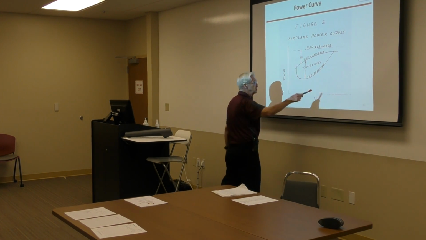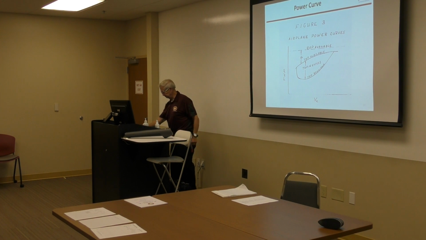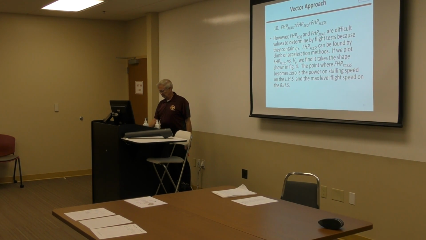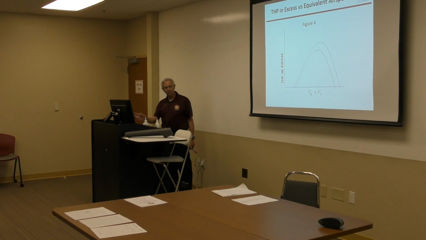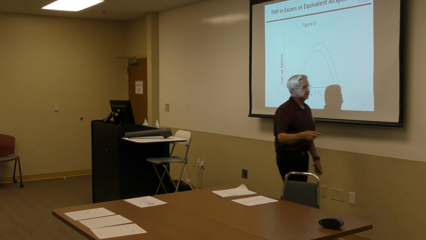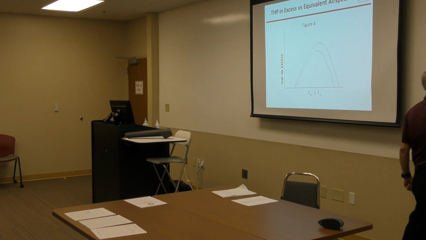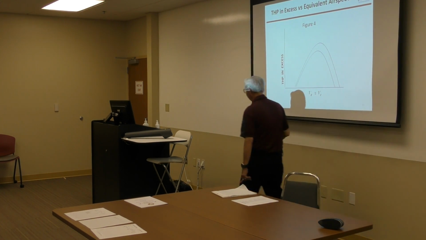So, like I say, that's what you can learn off of these two curves if you have them. Well, we can plot this another way. We can take this difference between these two curves, and we can just plot the difference. And that's what we've done on this one.